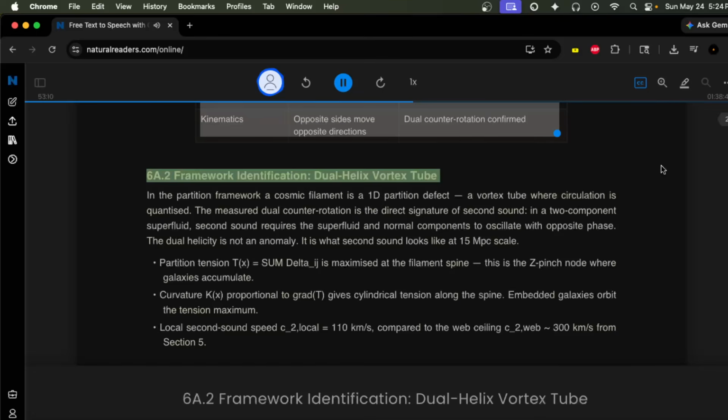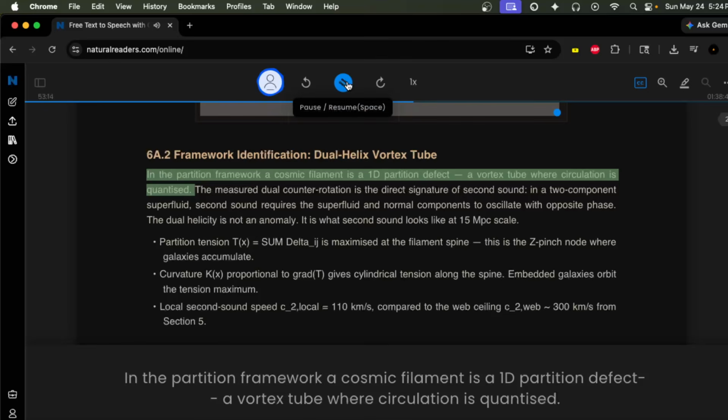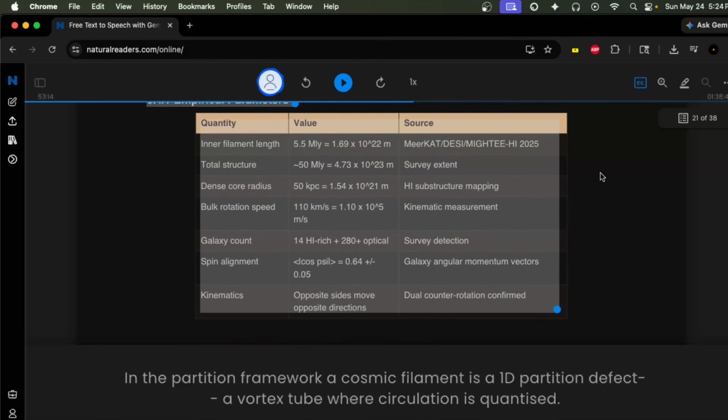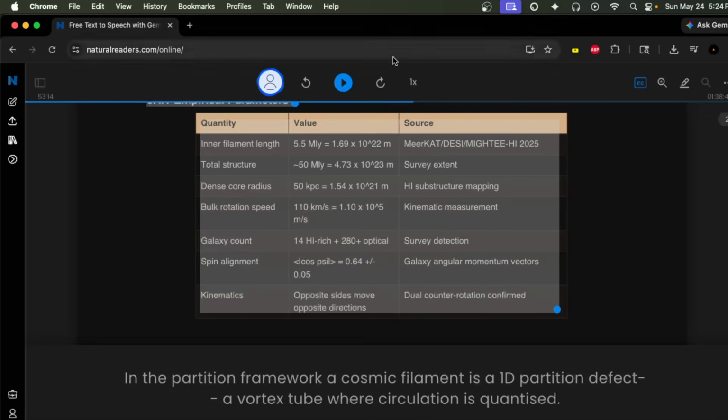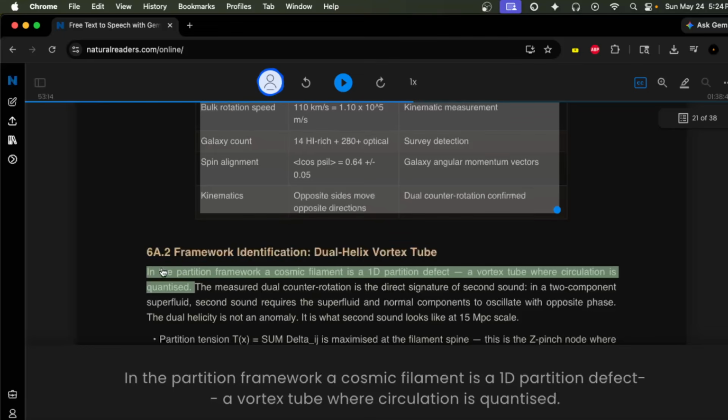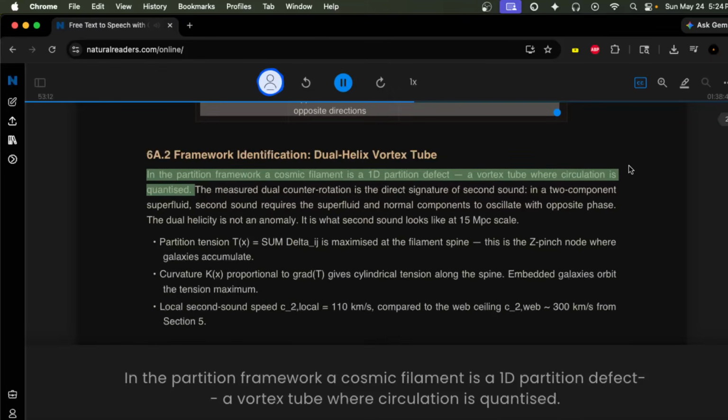6a.2 Framework identification, dual helix vortex tube. In the partition framework, a cosmic filament is a 1D partition defect, a vortex tube where circulation is quantized.